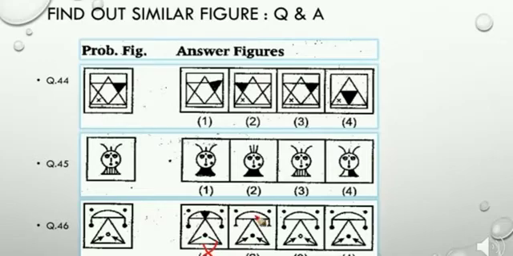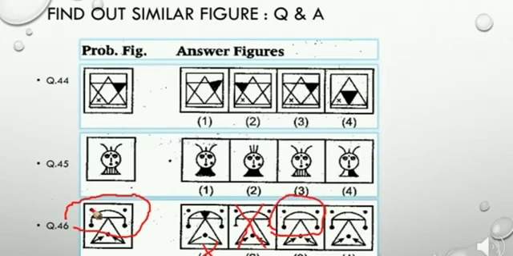In option 2, this dot is there, this another dot is there. Here there should be a dark circle, but here there is no dark circle, so this cannot be the answer. Let's check for this portion in option 3.